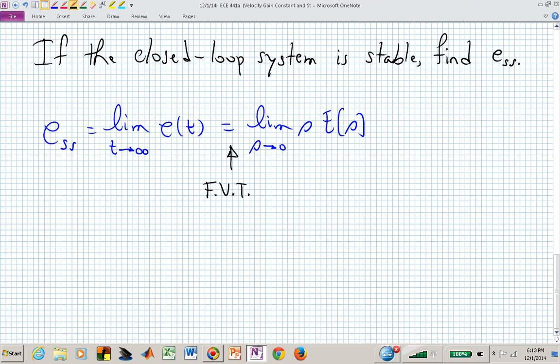This relationship comes to us from the final value theorem. We can then say that we're interested in the limit as s goes to 0 of s E of s, but E of s is 1 over 1 plus G of s, R of s, but R of s for a unit ramp is 1 over s squared.